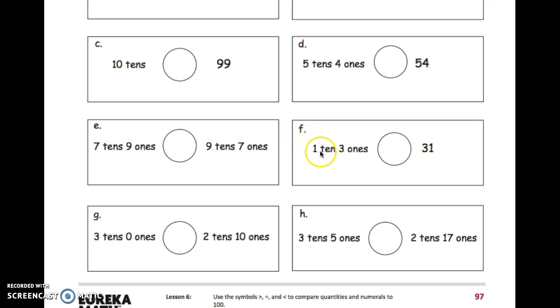F, 1 ten, 3 ones is blank to 31. G, 3 tens, 0 ones is blank to 2 tens, 10 ones. And the last one, H, 3 tens, 5 ones is blank to 2 tens, 17 ones.